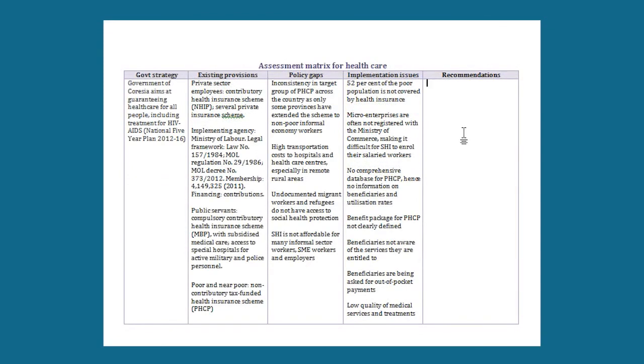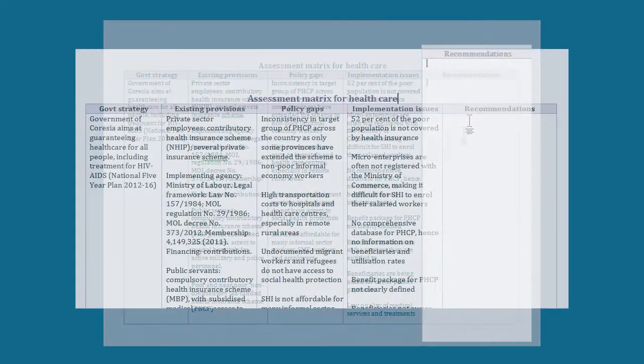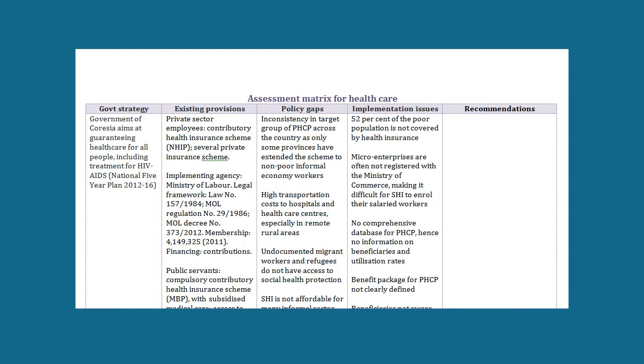Once the gaps and implementation issues have been identified, we go to the last column of the assessment matrix, the recommendations. For this column, we define each recommendation so that it addresses these gaps and implementation issues.